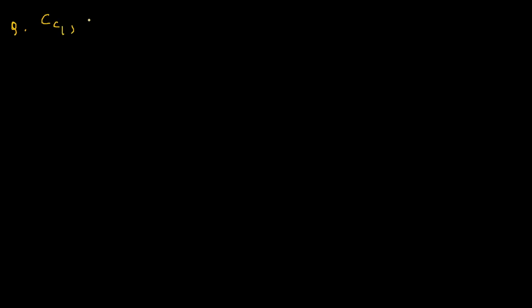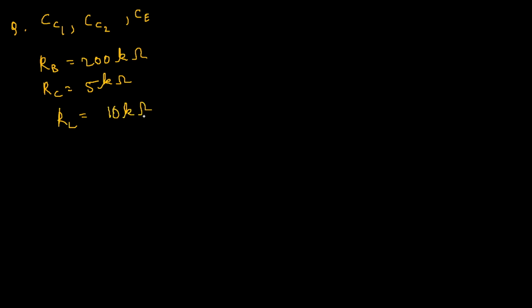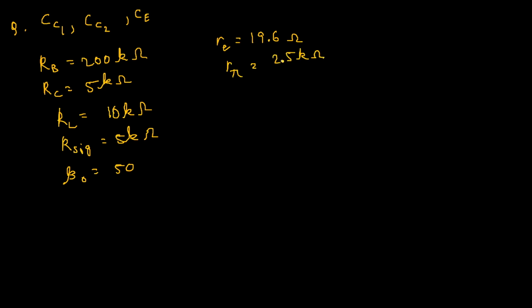They're asking us to find CC1, CC2, and CE when RB is equal to 200 kilo ohms, RC is equal to 5 kilo ohms, RL is equal to 10 kilo ohm, R signal is equal to 5 kilo ohm, beta naught is equal to 50, RE is equal to 19.6 ohm, R pi is equal to 2.5 kilo ohm, and FL is equal to 200 hertz.